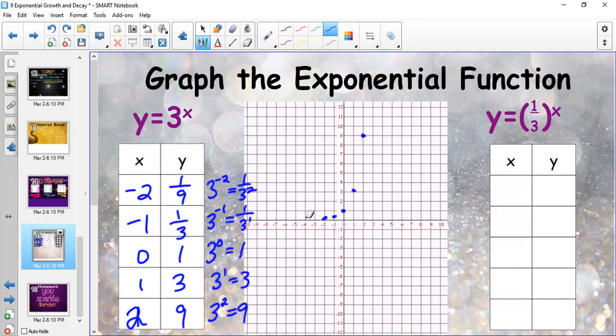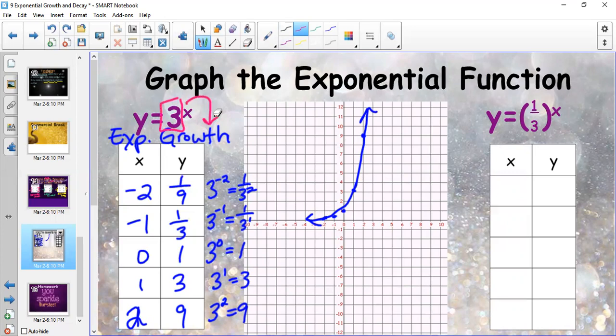So it's skyrocketing. It starts low and it goes high. That would be considered exponential growth. So whenever there is a whole number as our base, that is when it's going to be exponential growth.